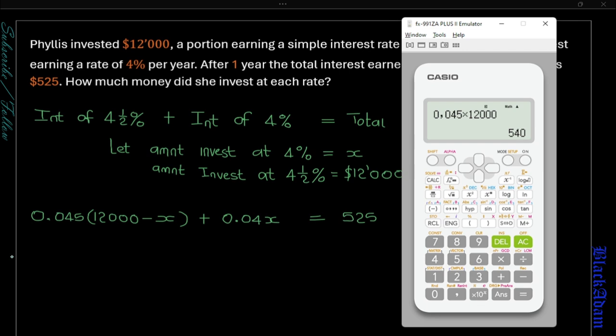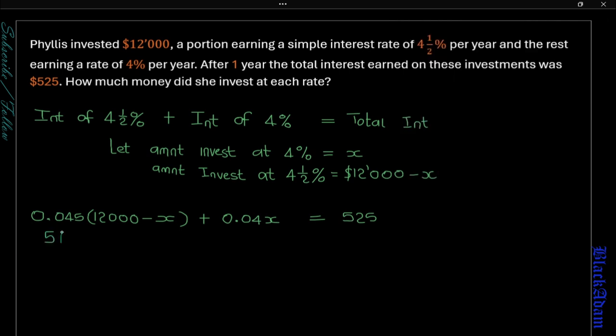So 0.045 multiplied by 12,000 gives us 540, and then 0.045 multiplied by x is 0.045x, and that stays as it is, plus 0.04x, and that equals 525, the total interest.